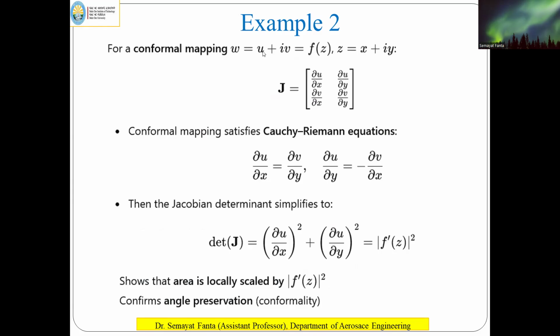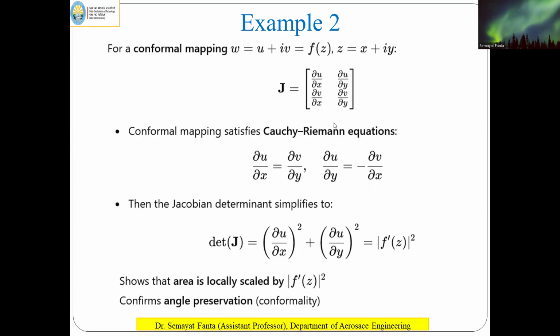The second example is given: w equals u plus iv, and f of z equals z, where z equals x plus iy. So the Jacobian simply has du/dx, dv/dx, du/dy, dv/dy. From the Cauchy-Riemann equations, we have du/dx equal to dv/dy, and du/dy equal to minus dv/dx. So we can substitute this.